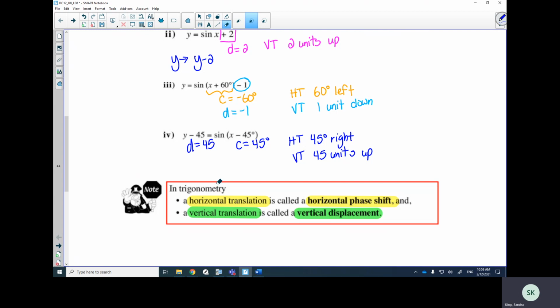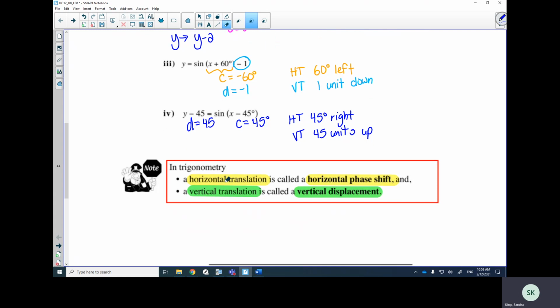So we change some of what we call things in trig. A horizontal translation is no longer going to be called a horizontal translation. So yes, I use the words horizontal translation, vertical translation, but from now on out, we're going to switch those terms. So in transformation, if it moved left or right, it was a horizontal translation.